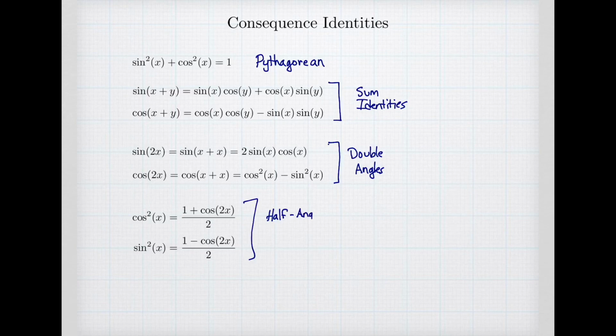The reason they get used in integration is that I might be working with a square of a cosine or the square of a sine, and we can rewrite that in terms of something involving twice the angle, because now I've gotten rid of a power and it's a sum instead of a power, and that's going to be a lot easier to work with. All right, so those are the key identities for our trigonometric functions. In another video, we'll look at some examples of how we use them.